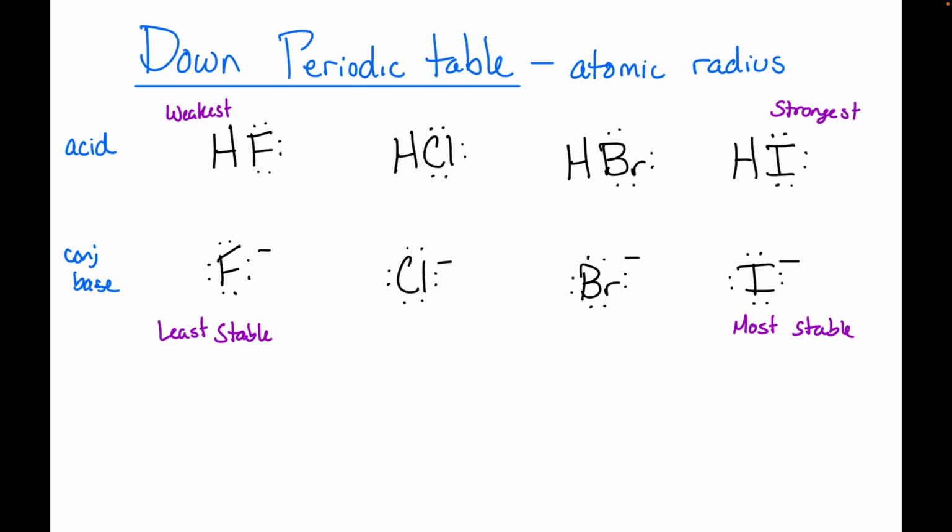But what's going to make it a little bit more okay is if you're something big and gigantic, your extra electron is going to be added to a very large orbital where they're all nice and spread out. Whereas if you're really teeny tiny like fluoride, that extra electron is going to be packed in close to a bunch of other electrons. So how much these electrons are able to spread out is what's influencing their stability. Large ions can spread those electrons out over a much larger area than smaller ions.